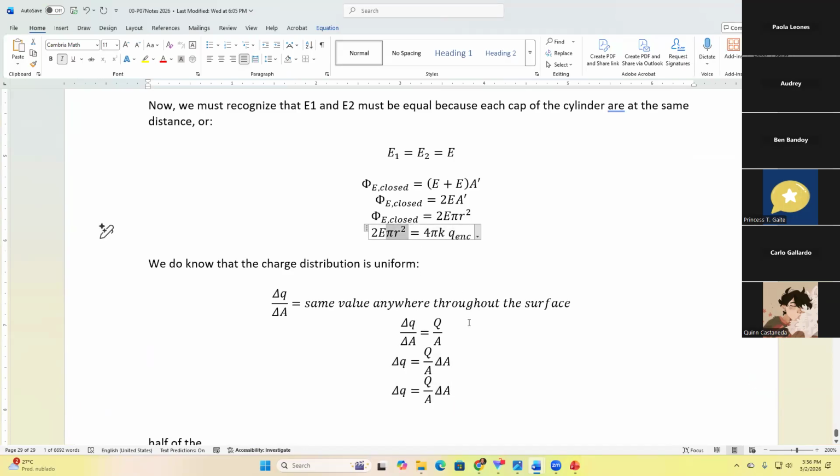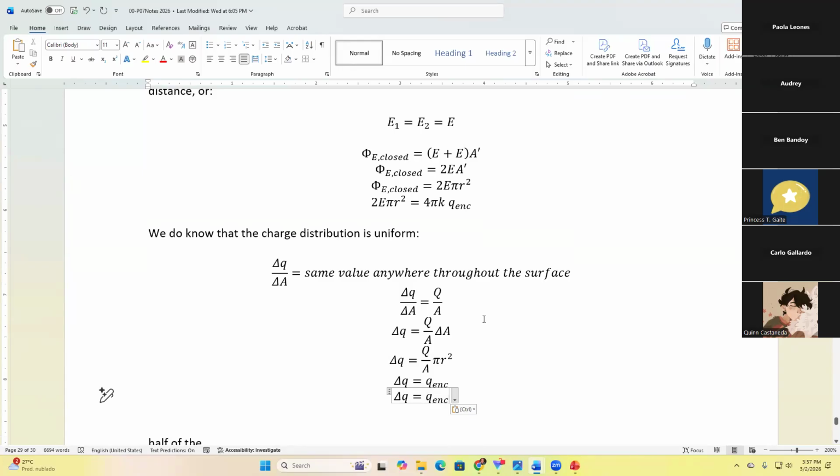It's the same pi r squared. This delta Q is my Q enclosed. And finally, we have that Q enclosed is Q over A times pi r squared.